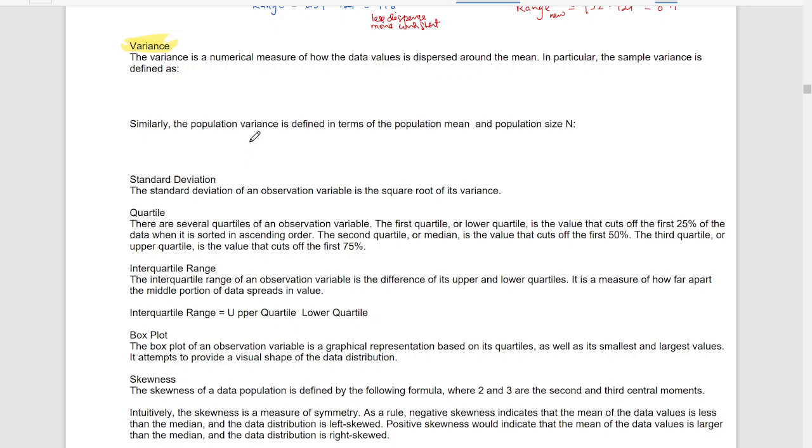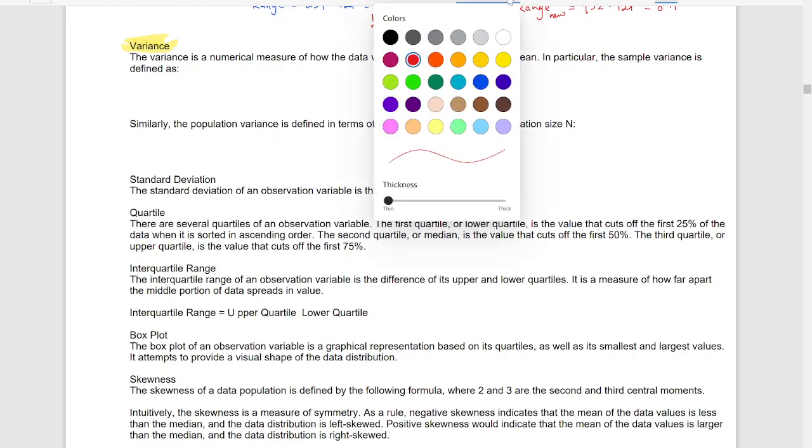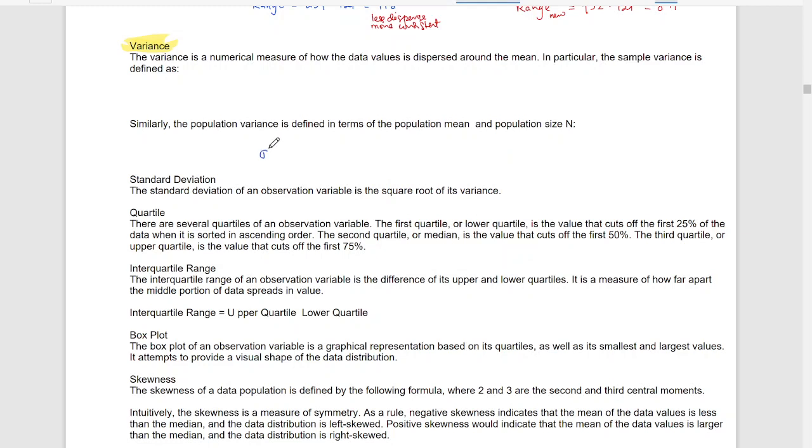And for variance, we use the notation sigma square.